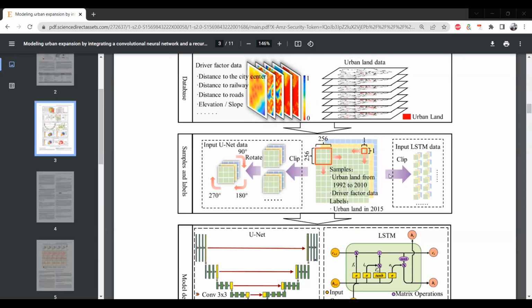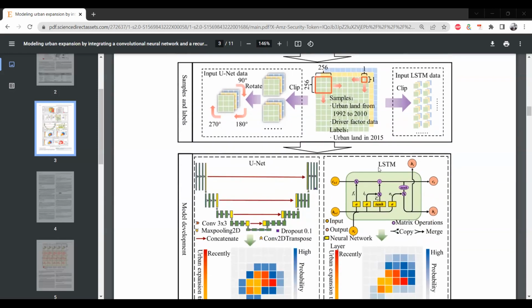The data cubes were sliced into 256 by 256 data cubes with 75% overlap between two data cubes, and they were rotated by 90, 180, and 270 degrees for the convolutional neural networks. For the recurrent neural networks, the features were selected as a sample. 90% of the pixels of the samples were used as training samples, and the remaining 10% were testing samples.